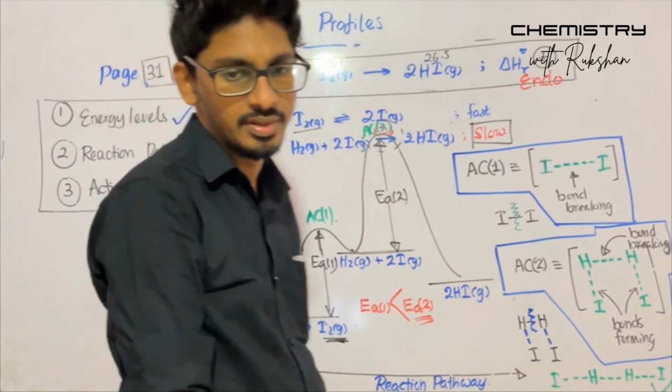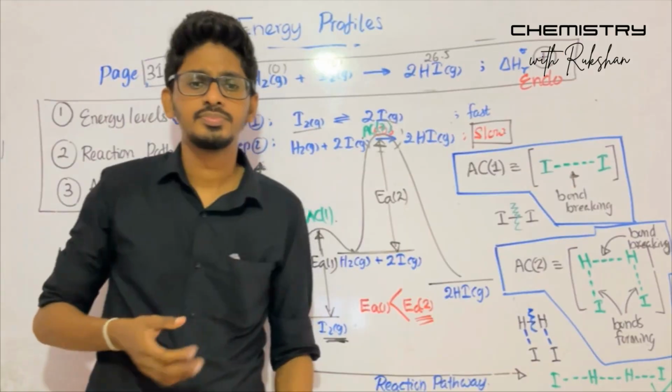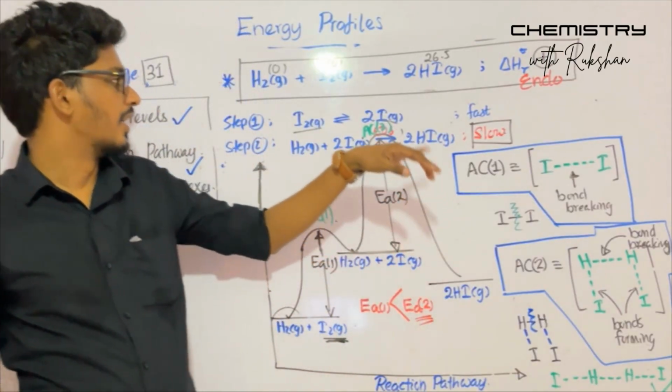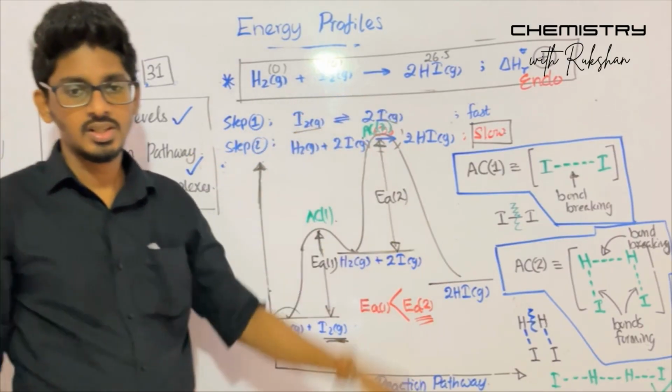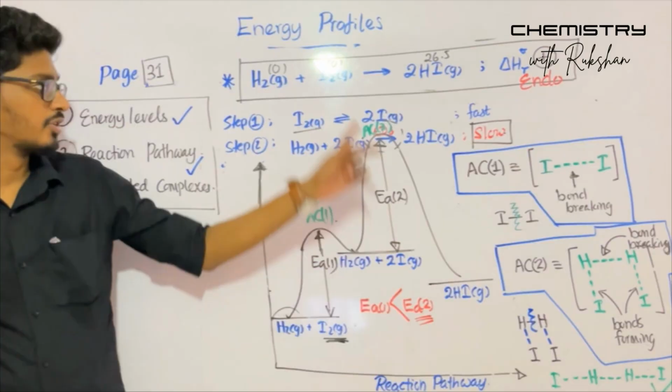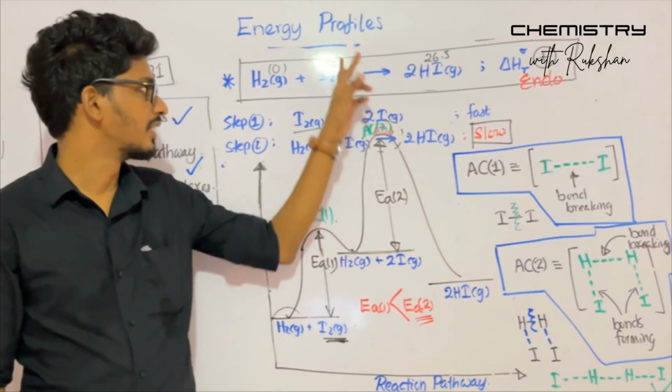We have a problem. There's some little mistake there, right? I2's reference state is solid. Yes, good question. I2's reference state is solid, not the gas. So we can't take this as zero.